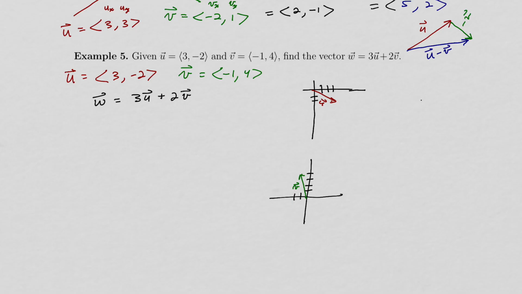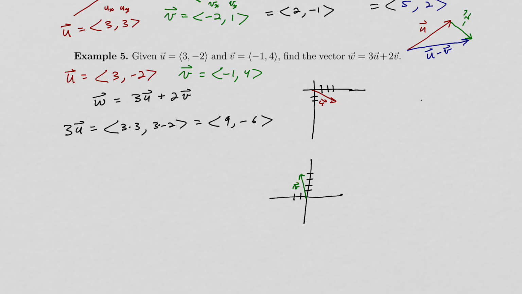So let's find 3u first. Well, I'm going to take each component of u and multiply by 3. So 3 times 3, 3 times negative 2. So 3u, I guess, is going to give me 9 and negative 6.